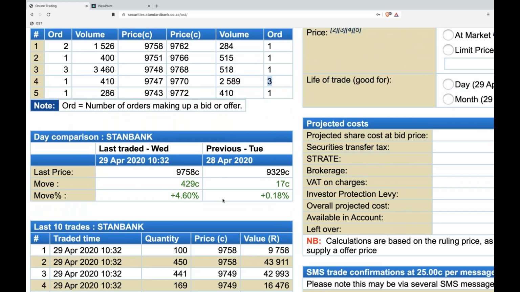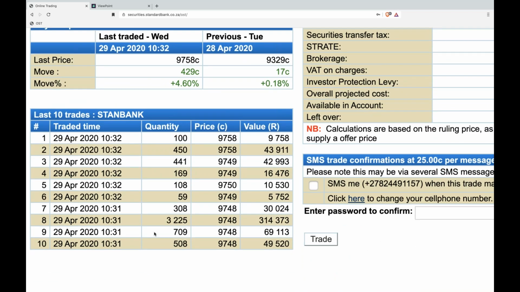It then gives us a bit of brief underlying. Today, Standard Bank's up 4.29 or 4.6%. Yesterday, Standard Bank was up 17 cents or 0.18%. And then it shows us the last 10 trades. Now, those 10 trades happened in literally seconds and were timestamped for when I came onto this page, which was 10:32, which gives you a sense of the volume going through.